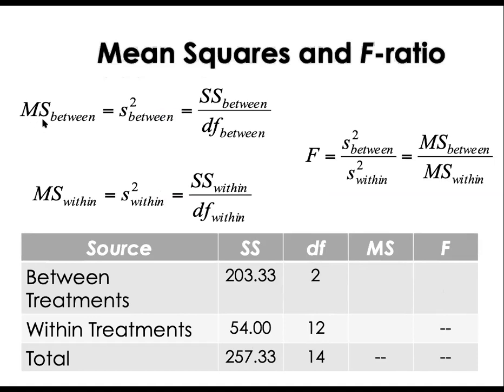The mean square between is also known as the variance for between treatments. And the variance, or mean squared, is equal to sum of squares divided by degrees of freedom. So pretty easy here. We're going to take 203.33 divided by 2, and that will give us the mean squared for between. For within, same thing.